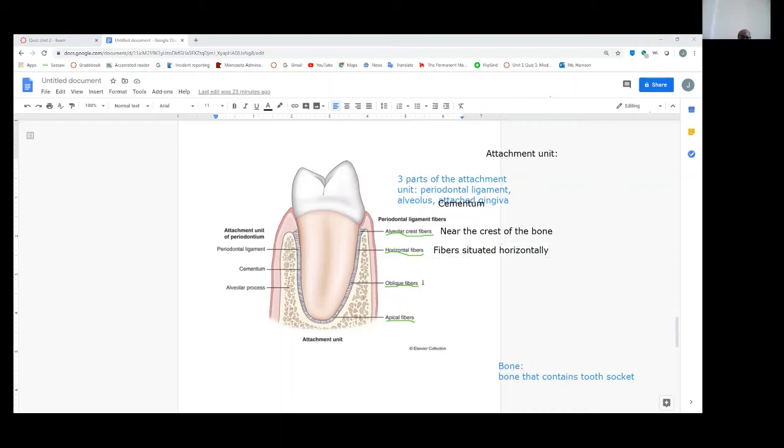Then we have our oblique fibers, and these fibers are a little further down, diagonally. And then our apical fibers are the fibers found at the apex. Okay?